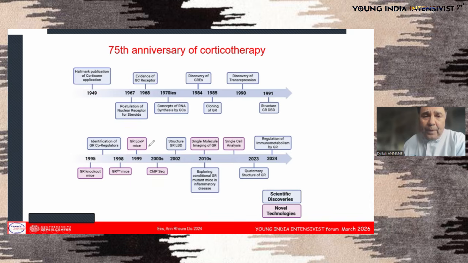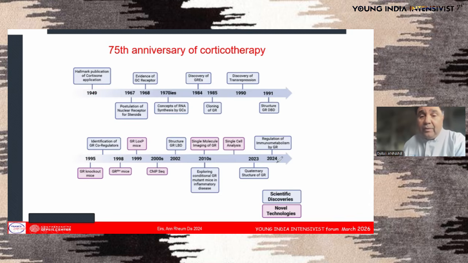And the blue boxes here are highlighting major discoveries in the function of the glucocorticoid receptor. And the purple boxes are highlighting major and disruptive innovation in molecular biology. And one can see how new molecular biology resulted in new understandings of the role of the glucocorticoid receptor.